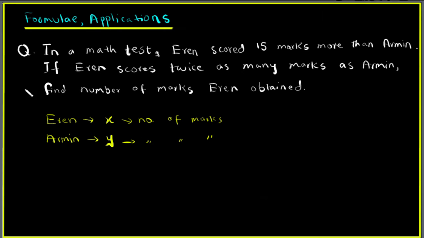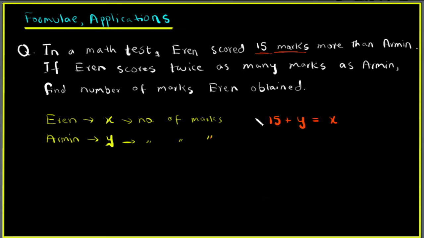The next step is to translate the information that is put down in the form of text into the language of mathematics. Aaron scores 15 marks more than Armin. So the marks of Armin are Y, and Aaron scores 15 more marks than Armin. If we add 15 to the marks of Armin, that means 15 plus Y, we are going to get the marks that Aaron obtains.